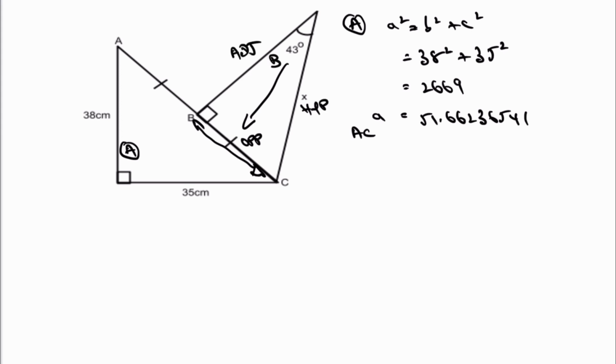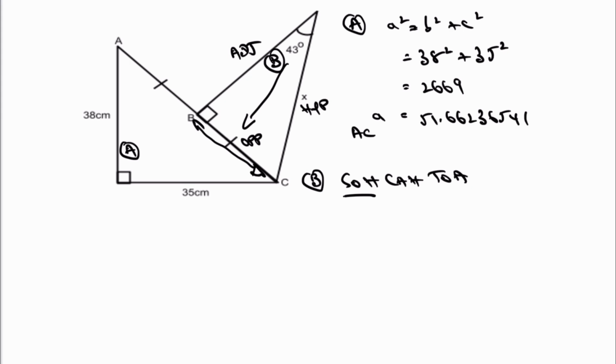So when I'm dealing with triangle B, I'm going to use the SohCahToa form. Okay, the one that I'm particularly interested in is going to be the sine rule. Now the sine rule is because I'm looking for the hypotenuse. I know the opposite because I've just worked it out, and I know my angle is 43 degrees.